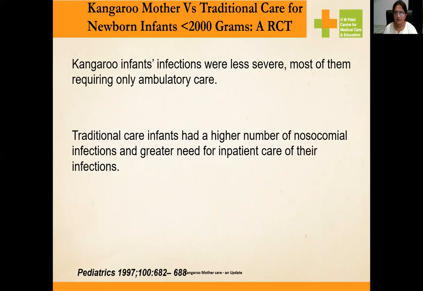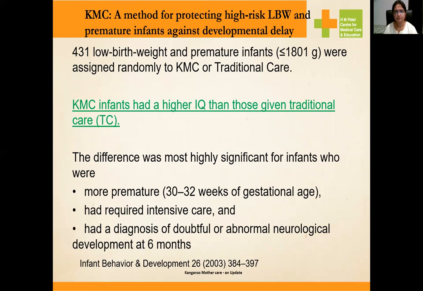The other thing is that the babies who are given kangaroo mother care have a significantly reduced risk of infection. So infection rates are less in those babies. There was a study where 431 low birth weight and premature infants were assigned randomly to KMC or traditional care, and KMC infants had a higher intelligence quotient than those given traditional care.